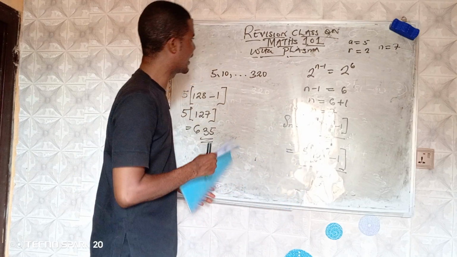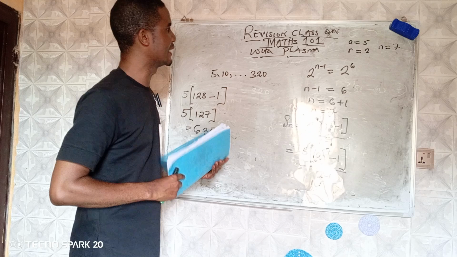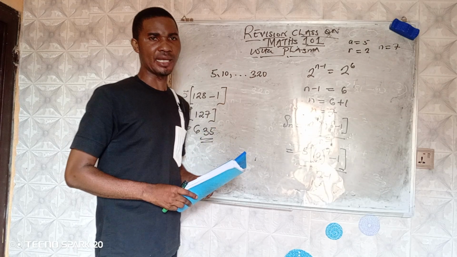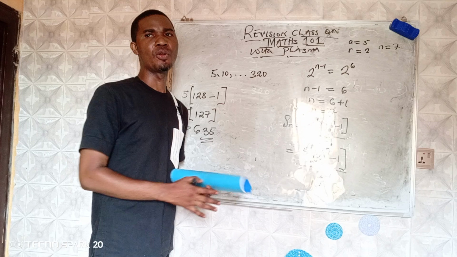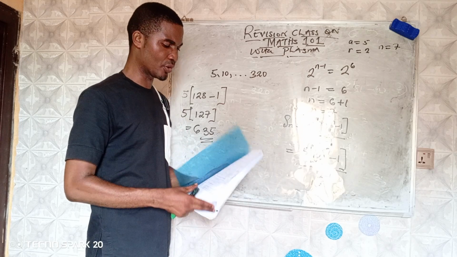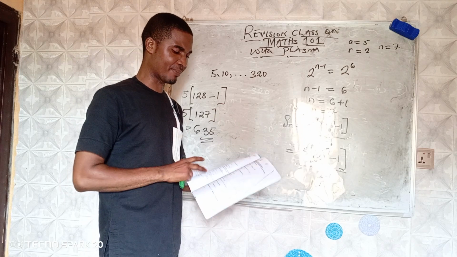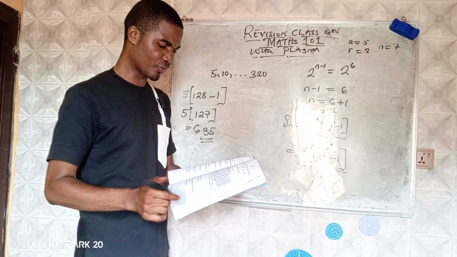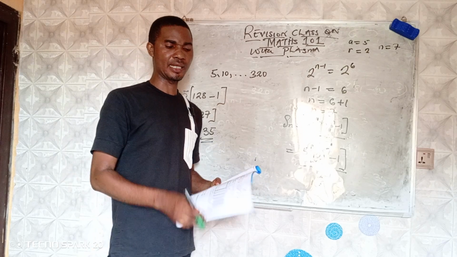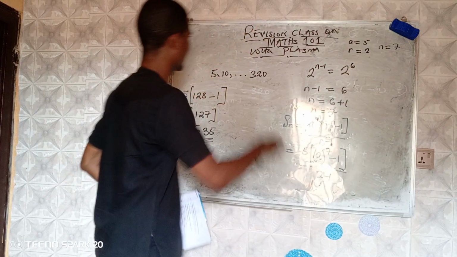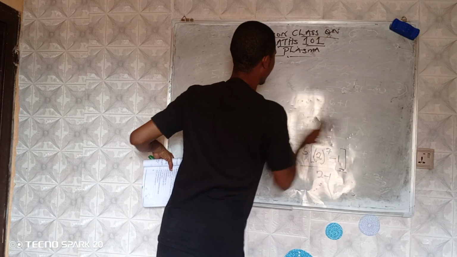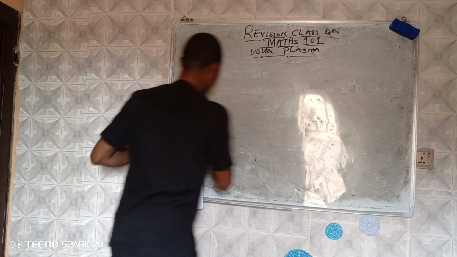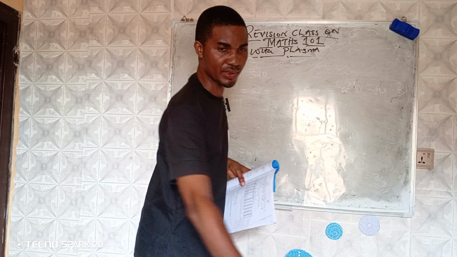So I believe with what we have done in AP and GP, we already have fully read up others, and I believe you will have what to do about it. So we move to another topic, since we have done and dusted AP and GP. And I want to say something.